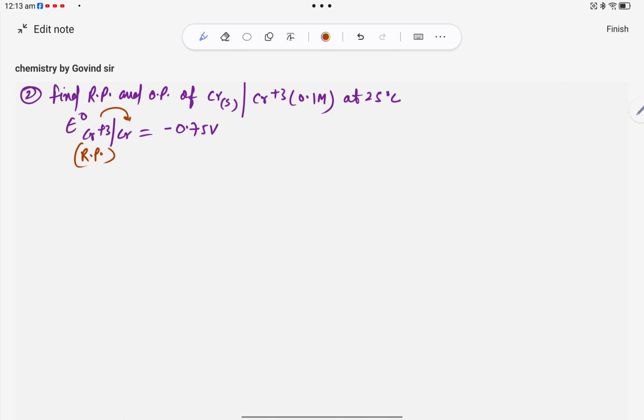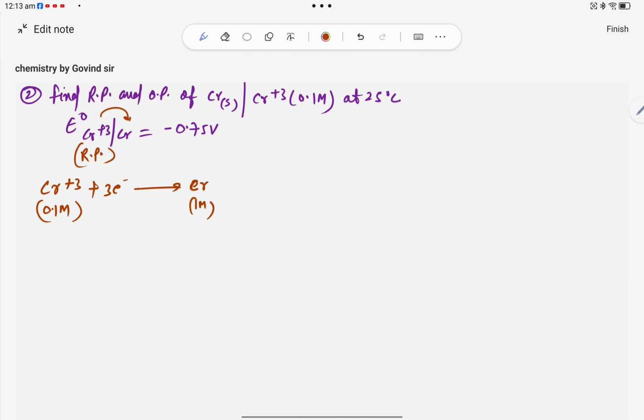So reaction is what? Chromium plus 3 will accept 3 electrons, convert into chromium. Here concentration solid 1 molar and here 0.1 molar.